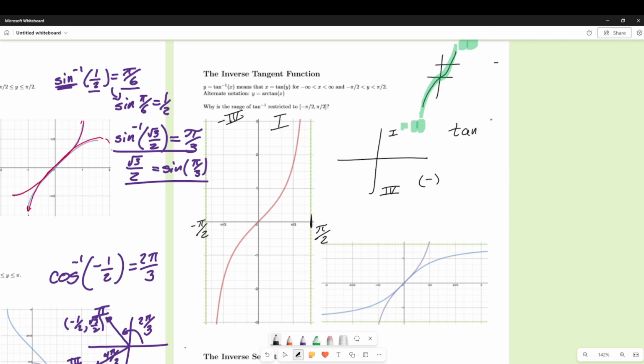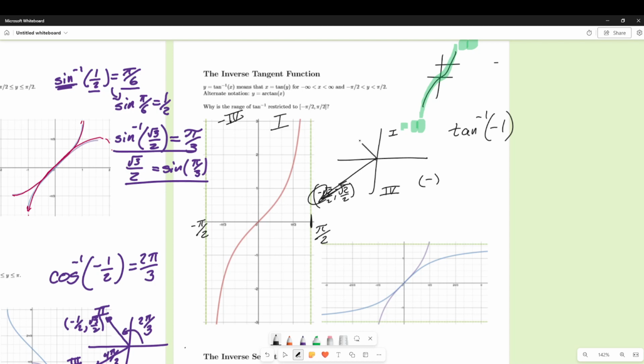For example, if somebody asked, what's the tan inverse of negative 1? Well, while it's true that down here, where we've got negative root 2 over 2, negative root 2 over 2, well, that would be positive 1.